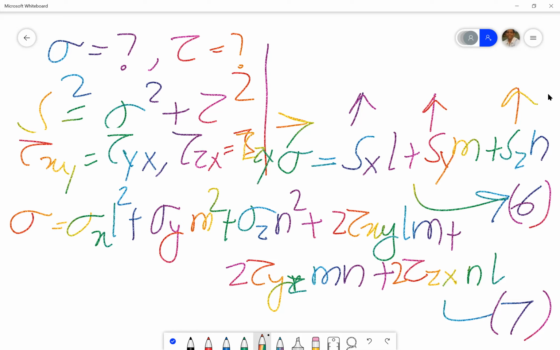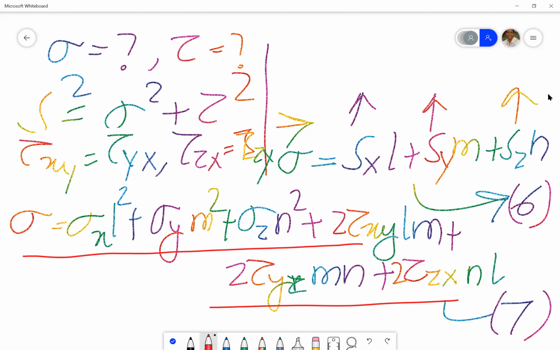By putting these assumptions, we find this is our complete equation in terms of sigma x, sigma y, and sigma z. This is our equation number 1.